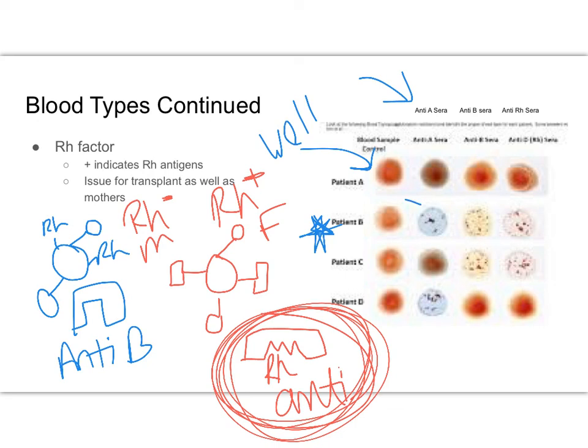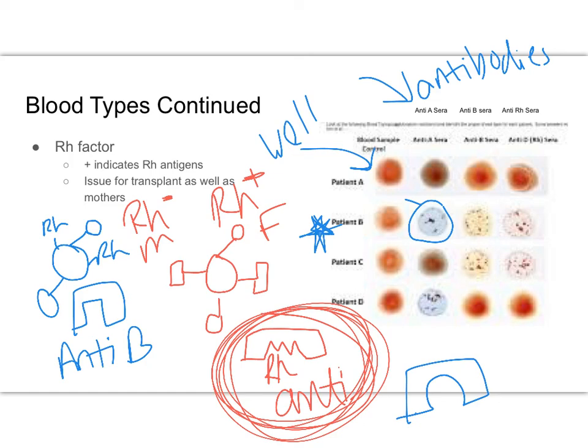Here's a sample of the patient's blood in this first well. And we put in an anti-A serum, which means I put in A antibodies. If I look at this reaction right here, nothing happened. So I put in A attack guys and nothing happened. That means this person's red blood cells don't have A on them, because we would have attacked them.